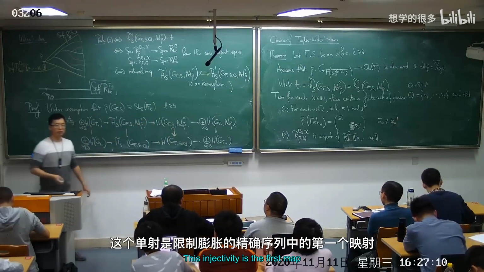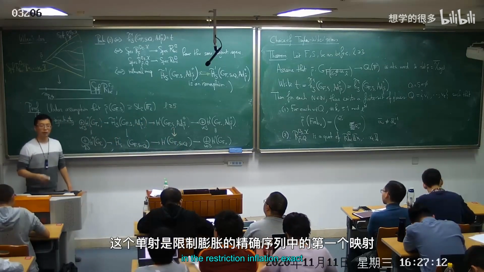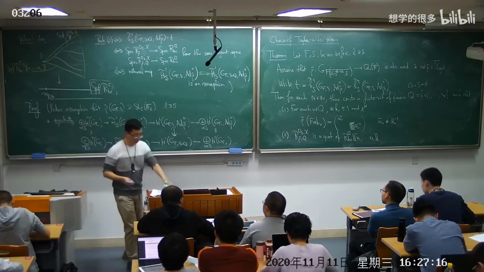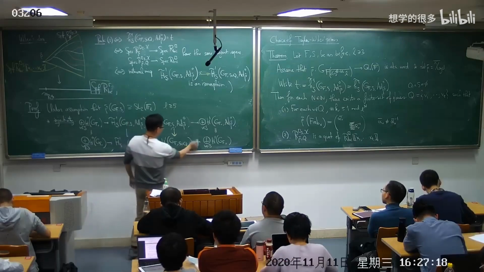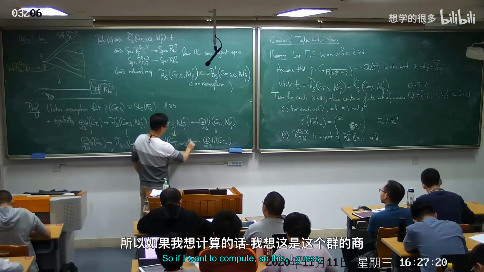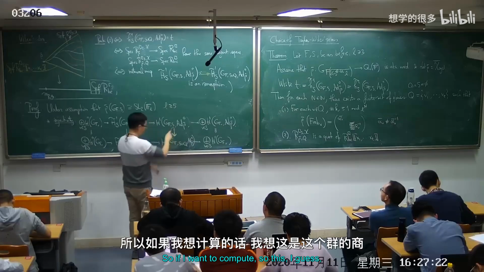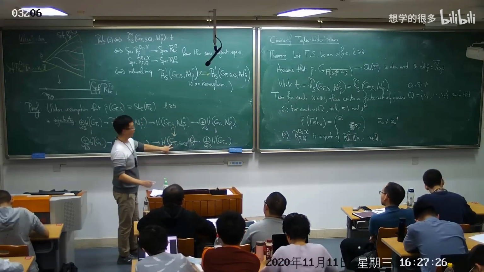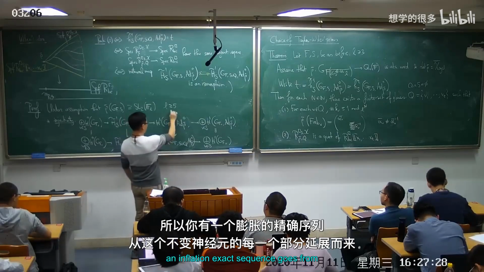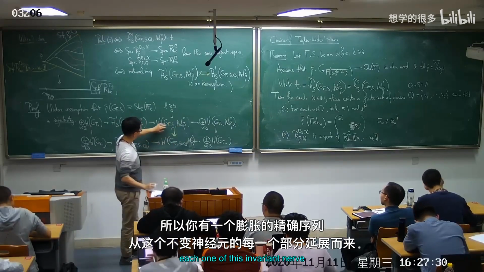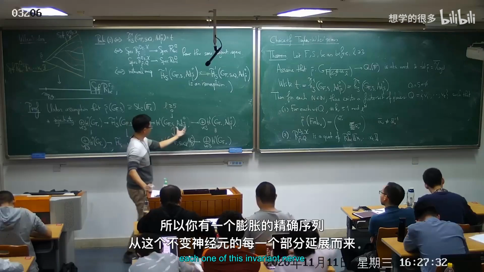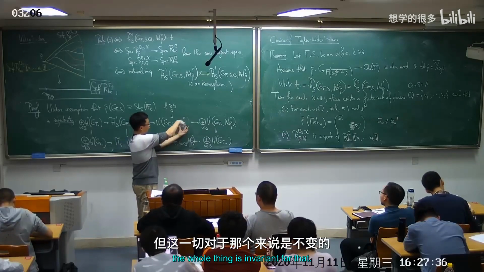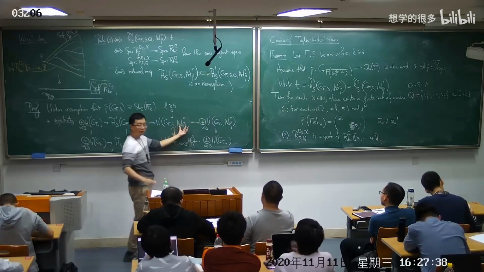This injectivity is the first map in the restricted inflation exact sequence. Let me just write this down. So this is a quotient of this group, right? Therefore you have an inflation exact sequence that goes from H1 of this, invariants under whatever the kernel is. But of course the whole thing is invariant under that already.